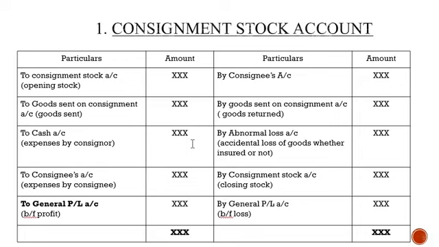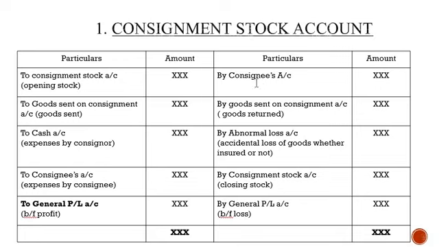Next, to goods sent on consignment, in brackets goods sent. Now see, opening stock we record to the debit side, and goods sent. Next, cash expenses, to cash account, that is expenses by consignor. Next, to consignee's account, expenses made by consignee.